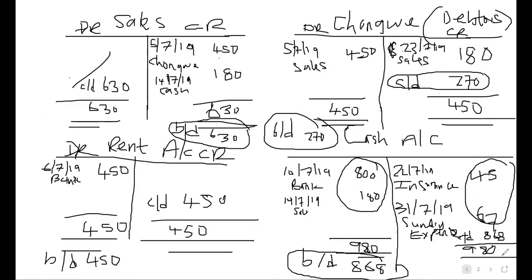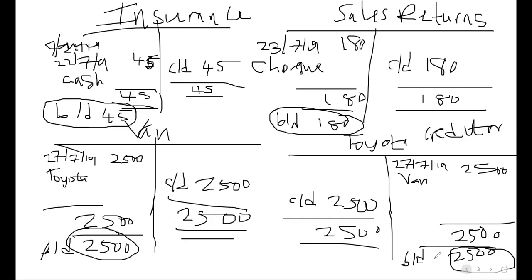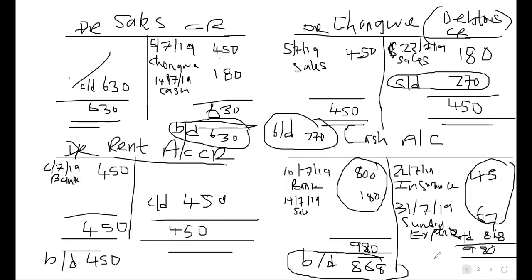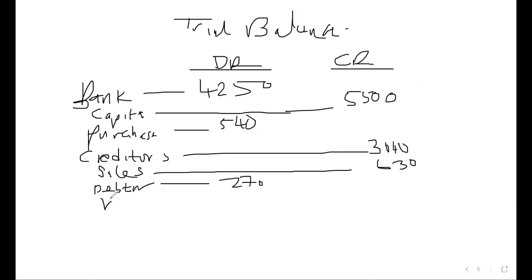Debtors 270. We're just picking the figures as they are on the brought down balances. Rent 450. Rent 450.